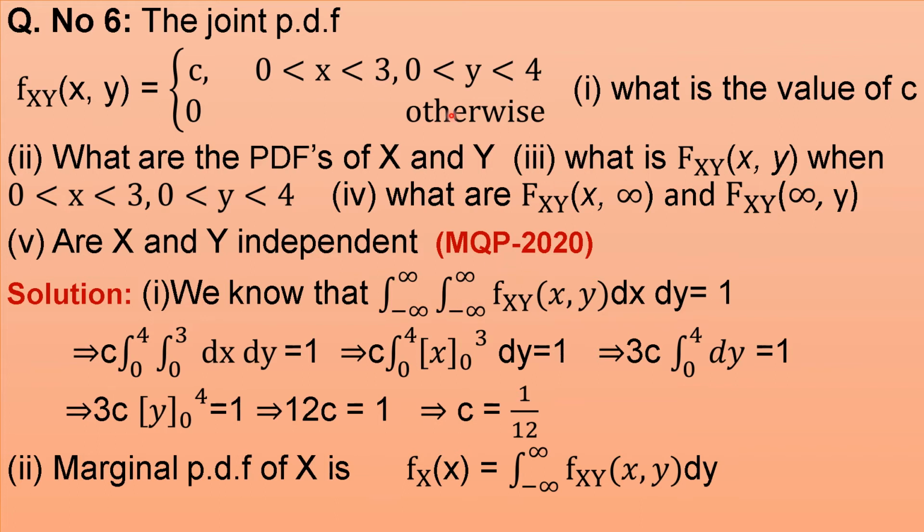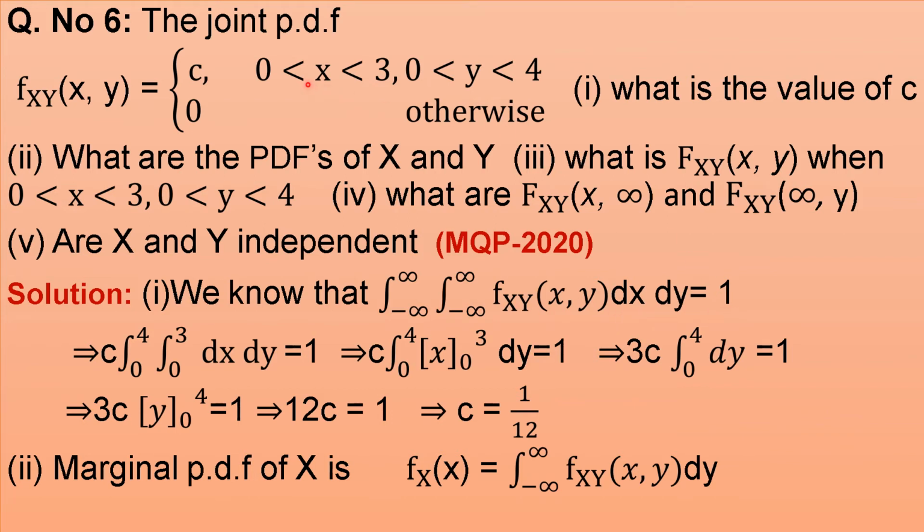First, to find the value of c, you are given the joint PDF. For a single random variable, the integral of the PDF from minus infinity to plus infinity must be 1. Since it is a bivariate random variable, fxy of x comma y is the joint probability density function, so the double integral of this from minus infinity to plus infinity must be equal to 1.